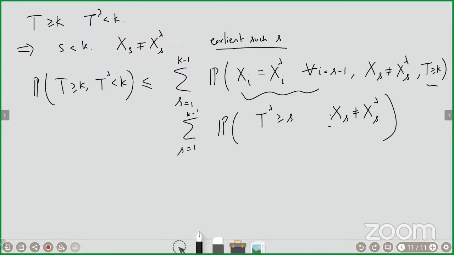The fact that t lambda is greater than or equal to s, and at s, these two random variables don't match. What does this depend on? It only depends on all the previous random variables. To decide on this, all the information you need is only up to s minus 1. And the random variables produced at time s are independent of everything that has happened so far. So these two bits are actually independent. So I can write this.